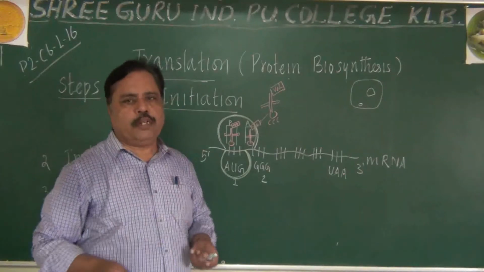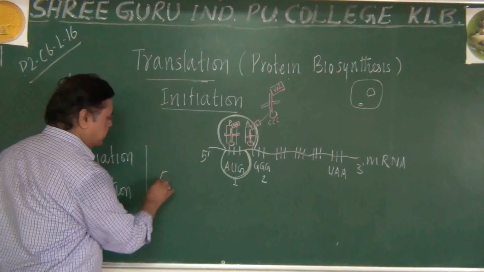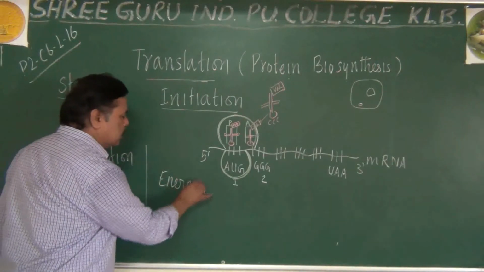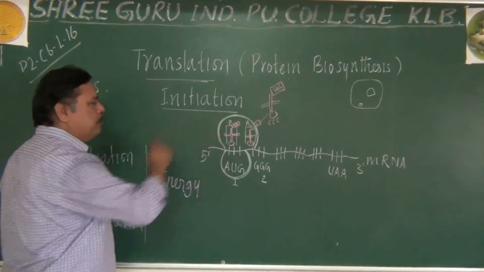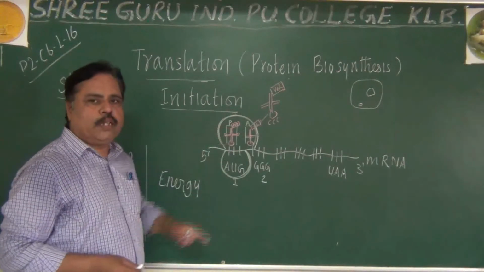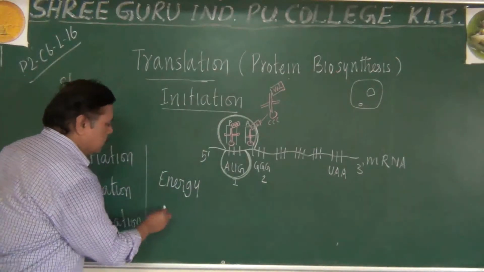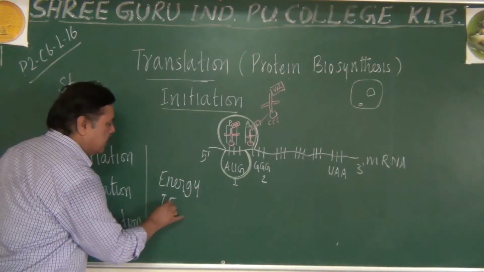One interesting point is, this step requires energy. Energy is used in the form of ATP molecules. For binding of the ribosome and for the entry of tRNA, we use energy. This step also uses initiation factors.